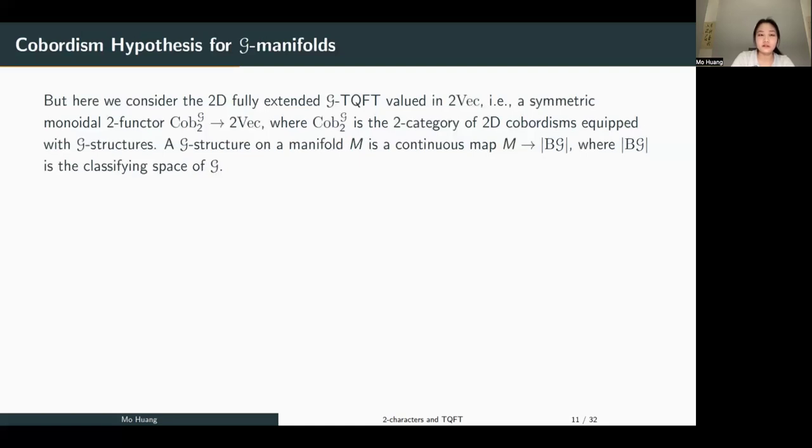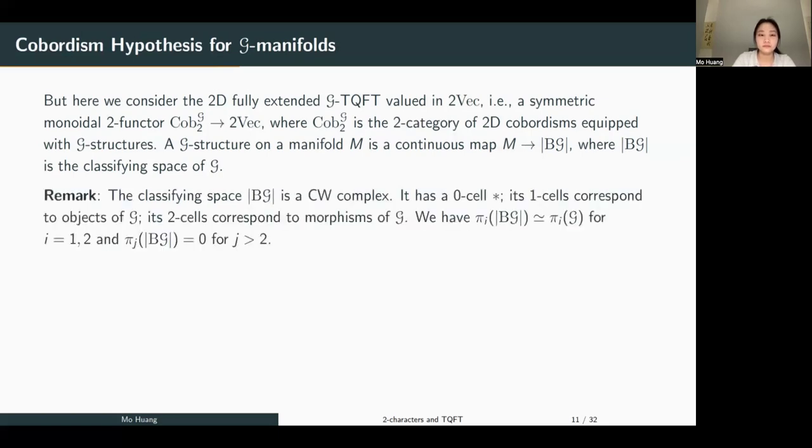But here we consider the 2-fully extended G-TQFT valued in 2-Vect, that is a symmetric monoidal 2-functor from Cob_2^G to 2-Vect, where this cobordism category is a category of 2D cobordisms equipped with G-structures. And a G-structure on the manifold M is a continuous map from M to the classifying space of G. Here's a remark that the classifying space of G is a CW complex.